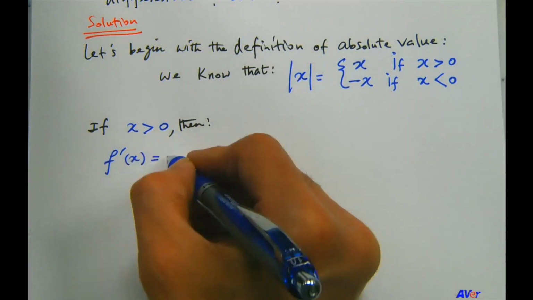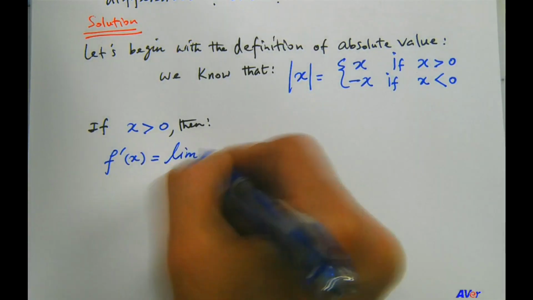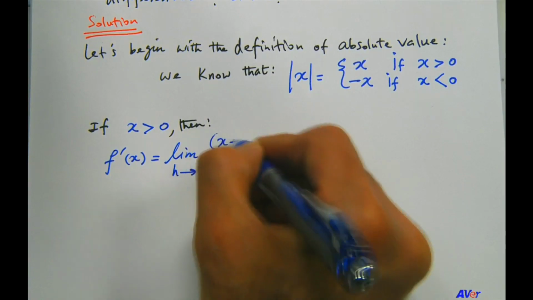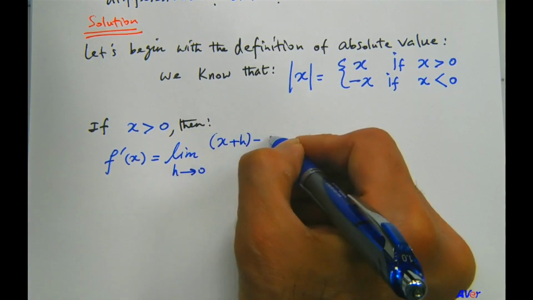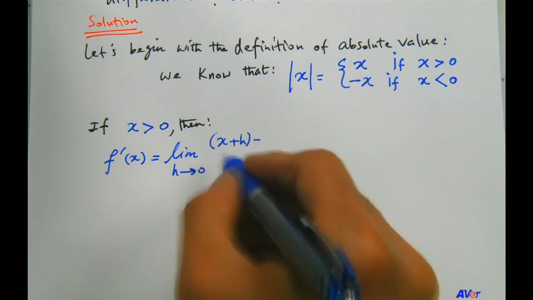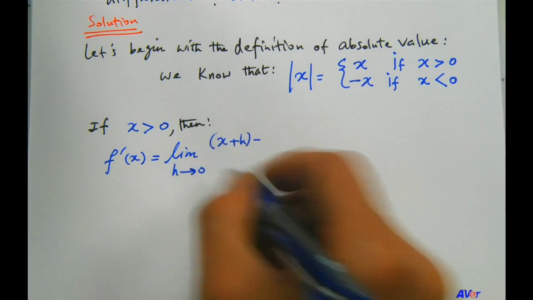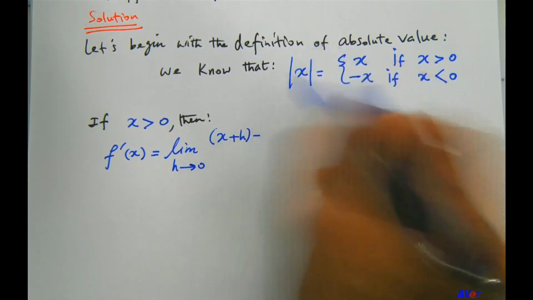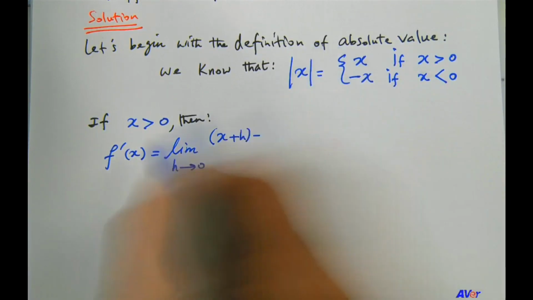So f prime of x equals limit as h goes to 0 of x plus h minus x, let's see, minus x, because this is just x, right? So we're dealing with this.